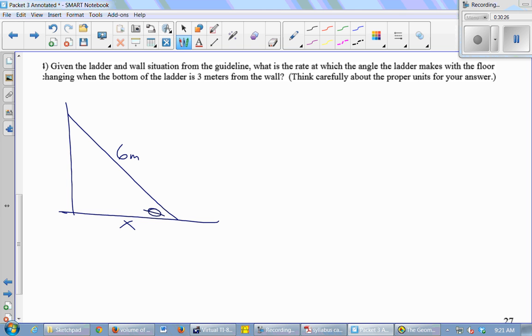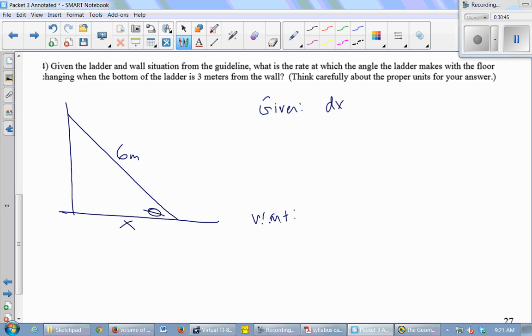And so now let's write down what we're given and what we want. Okay, what I'm given here is the same thing I was given in the last ladder problem, the rate of change, they're pulling the bottom of this ladder away.